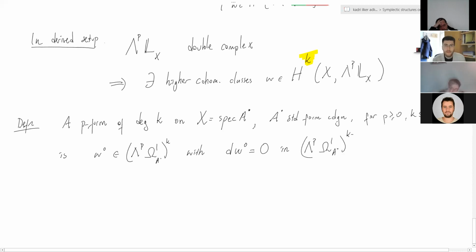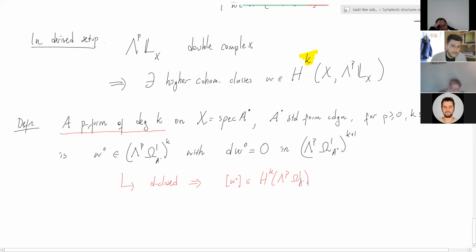In degree k plus 1. Now you can easily see where this k comes from, right? Since this is D-closed, this really defines a cohomology class. So this definition really makes sense.